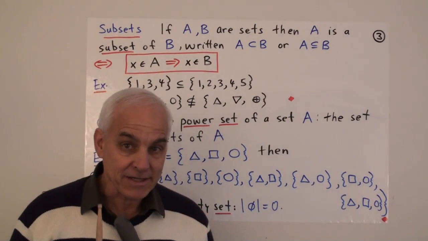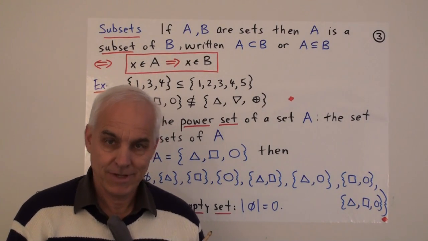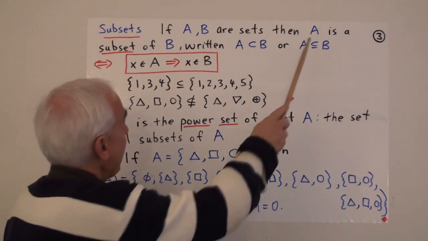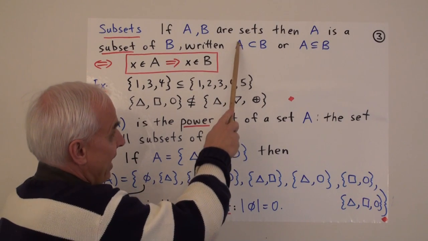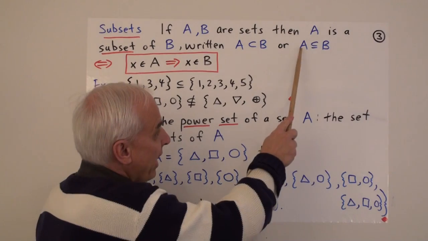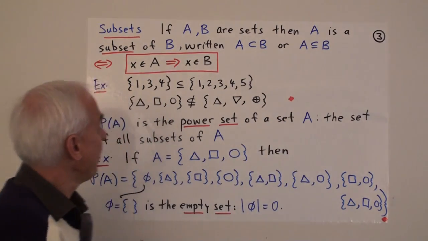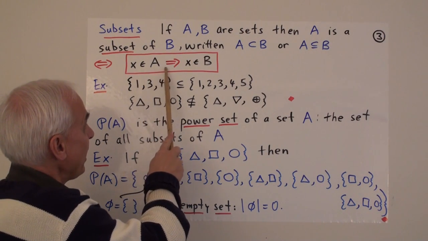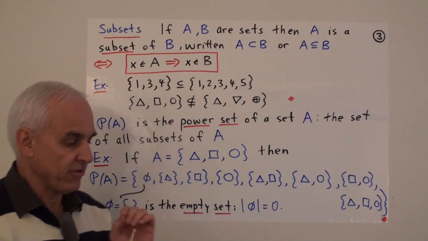So a very important idea in set theory is the idea of a subset of a set. So if A and B are sets, then A is a subset of B, and we write A with this sort of sideways U, or a sideways U with an equal sign, B, precisely when X is in A implies X is in B. So let's think about what this means.